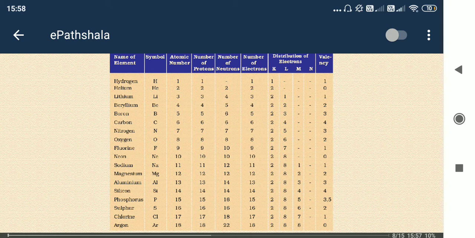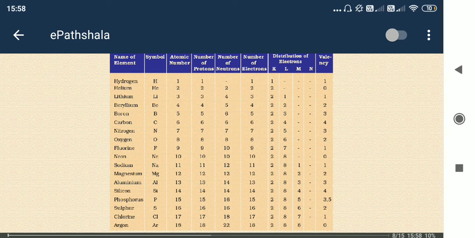So atomic mass is 6 plus 6, means proton plus neutron, so it comes to 12 for carbon. Outside the nucleus for carbon there are 6 electrons. The distribution of electrons we know: first 2, then the remaining in the second.